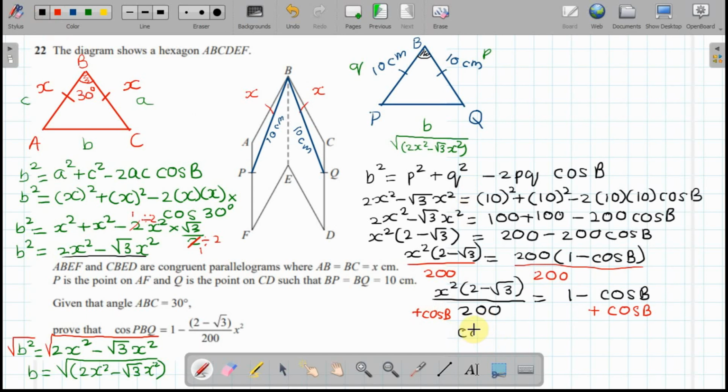So I've got cos b plus x squared times 2 minus root 3 over 200 equals 1, and I subtract this both sides.